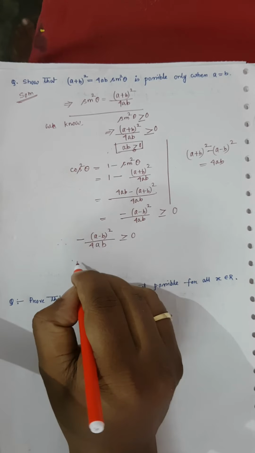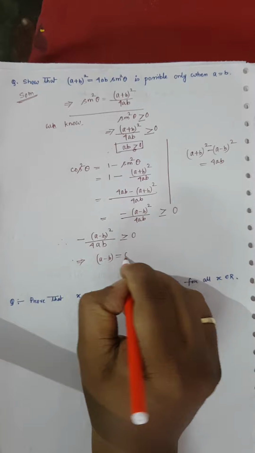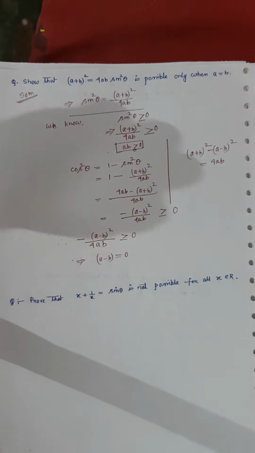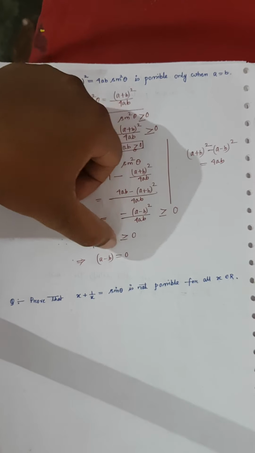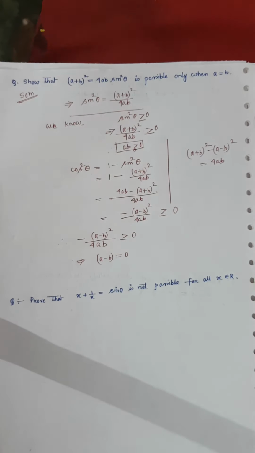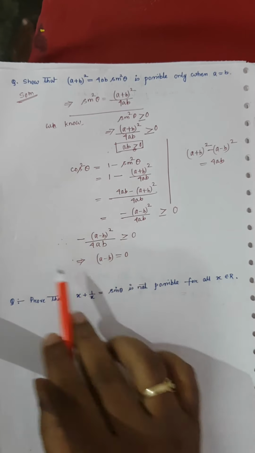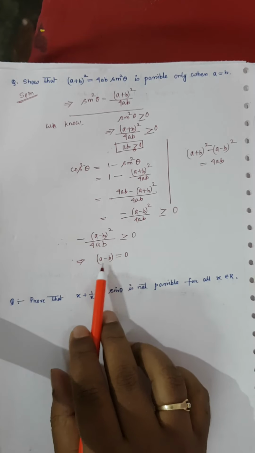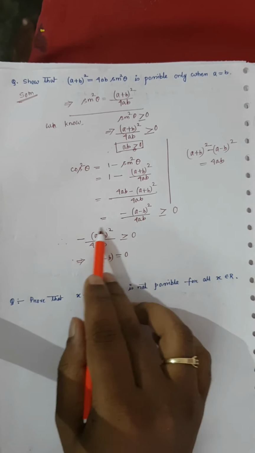So this is possible only when a minus b is equal to 0, because a minus b whole square is positive, ab is positive, the ratio of two positive numbers is always positive, and we are multiplying by a negative sign. So it is not possible when a minus b is nonzero and ab positive. It is possible only when this is 0.